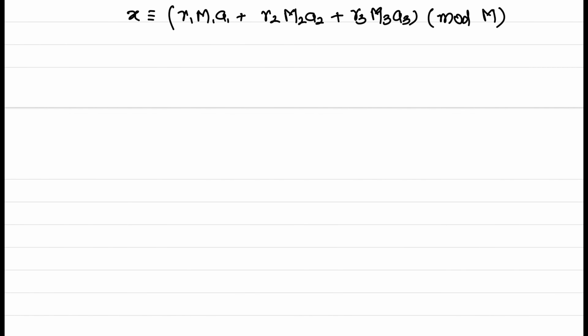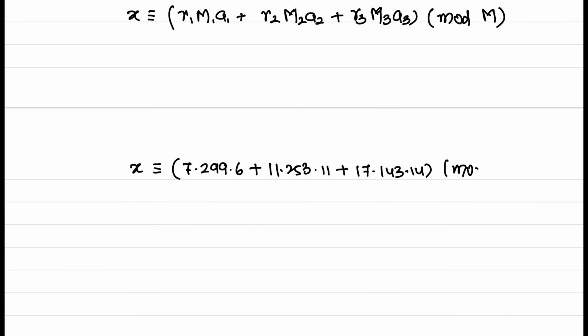Now, by substituting these values, X is equivalent to 7 into 299 into 6 plus R2, 11, into M2, 253, into A2, 11, plus R3, 17, into M3, 143, into 14, mod 3289.